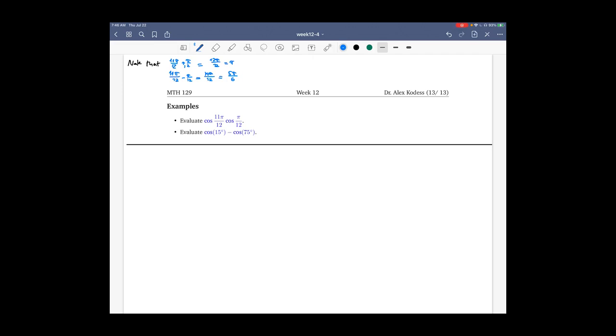And again, we know trigonometric functions of 5 pi over 6. So it makes it a good idea to apply the product to sum formula, because we will need to compute trigonometric functions of pi and 5 pi over 6, which is easy.